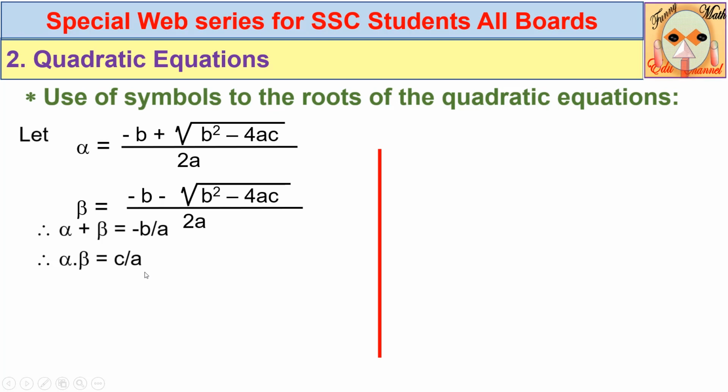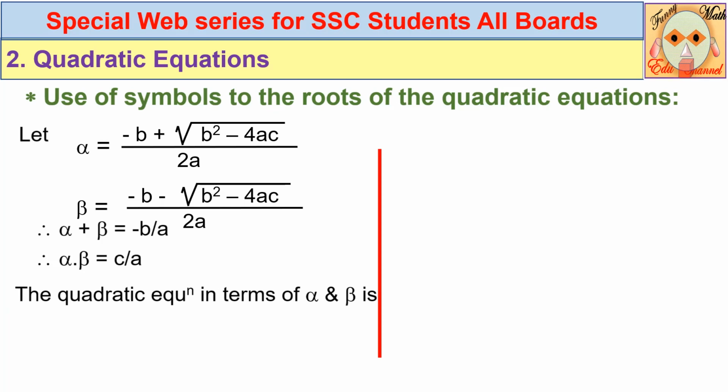Now by considering the sum of roots and the product of roots, we can form the quadratic equation. So the quadratic equation in terms of alpha and beta is x square minus (alpha plus beta) into x plus alpha beta equal to 0.